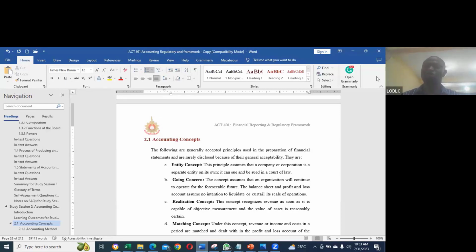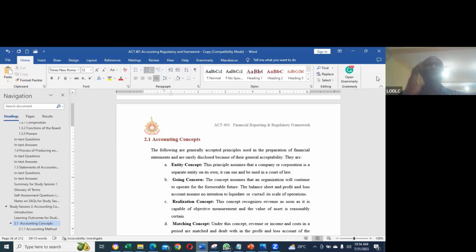So the concept assumes that the company or a corporation is a separate entity on its own. Do you understand? So that's what the entity concept is trying to address. Then we have the going concern concept. So every business organization assumes no intention to curtail the scale of operations. Do you understand? You can't have a business now and say in the next 5 years, I will close down the business.